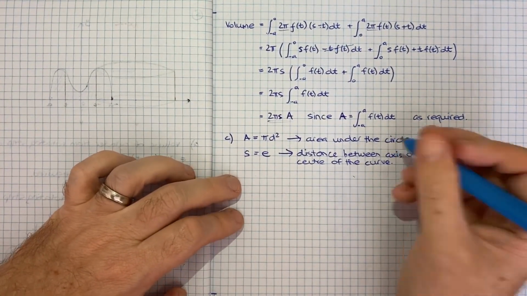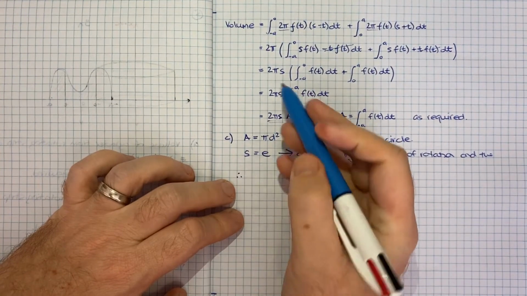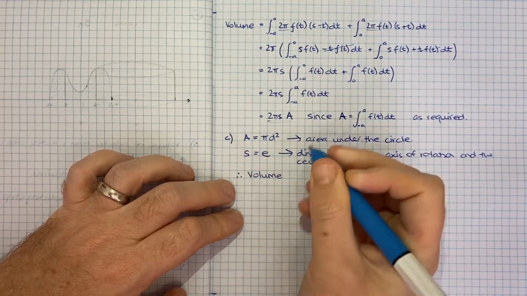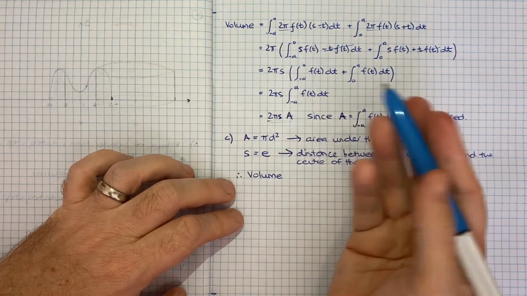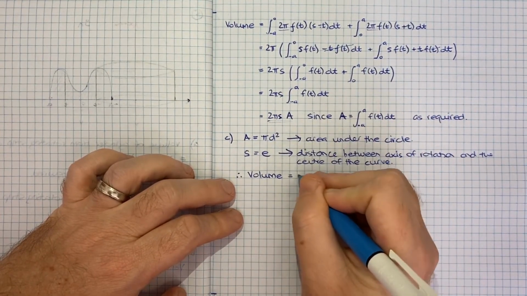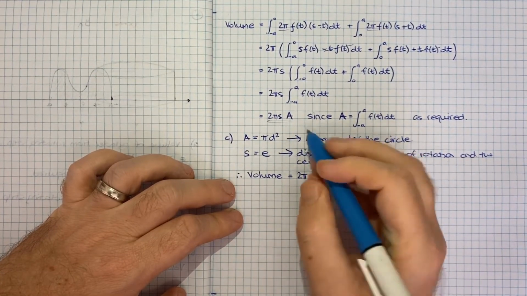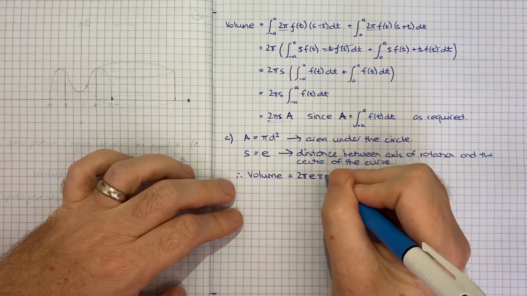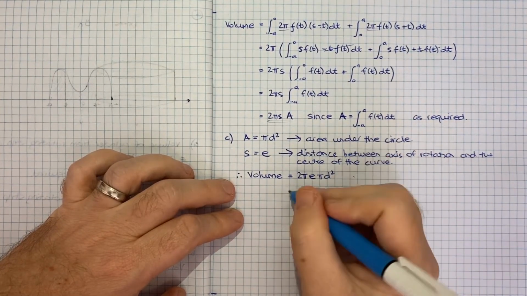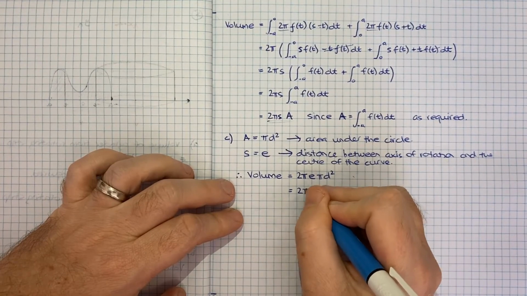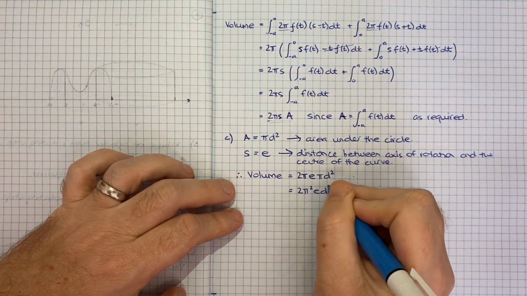So therefore, if we apply this result, the volume of the curve in question 3 and then 4, which were linked, we could write as 2 times pi times E times A, which we've said is pi d squared. And so we can write that as, the pi's come together, 2 pi squared E d squared.